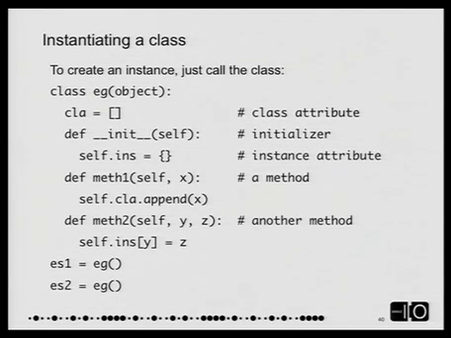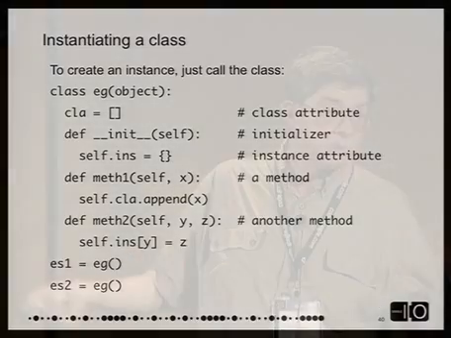That's the initializer for the instance of the class, which is called self. And so it binds a new empty dictionary to self.ins, which is an attribute of the instance, not of the whole class. And then we have two methods. One does append to the class attribute, and this one does an insertion into the instance attribute.